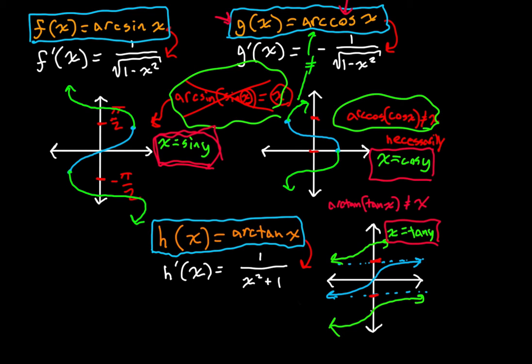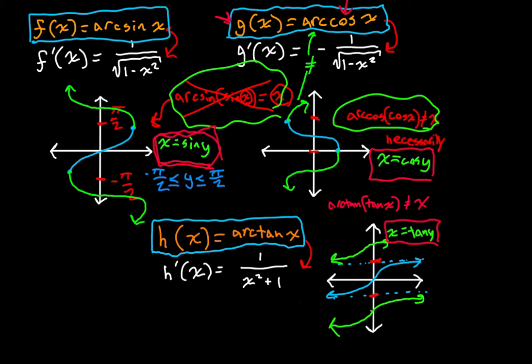However, we're not actually dealing with those green functions. So to make sure that we're dealing with the blue functions, what we had to do was say, okay, we need to change these green functions. So we're going to say x is equal to sine y, but we're also going to say that y is less than or equal to pi over 2 and greater than or equal to negative pi over 2.